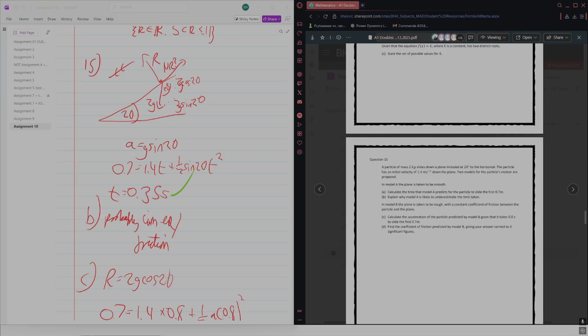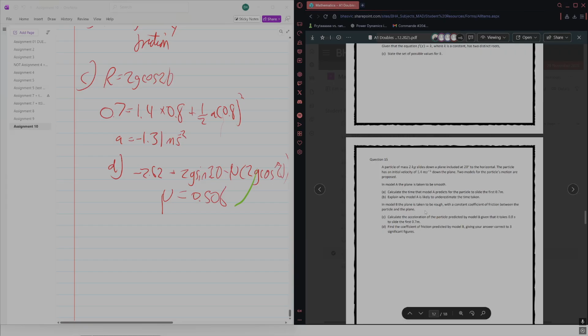You know that because for the first 0.7 meters sliding, the acceleration is g sine 20, and therefore you can just use s equals ut plus half at squared to find t, and then explain when model A is underestimating the time taken. I just said there probably is friction.